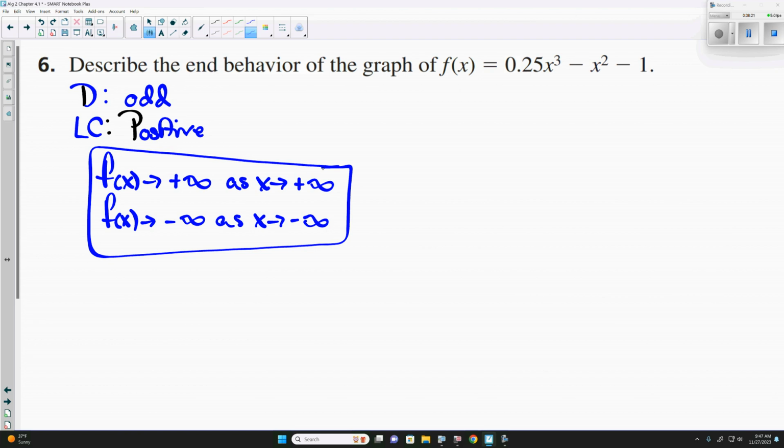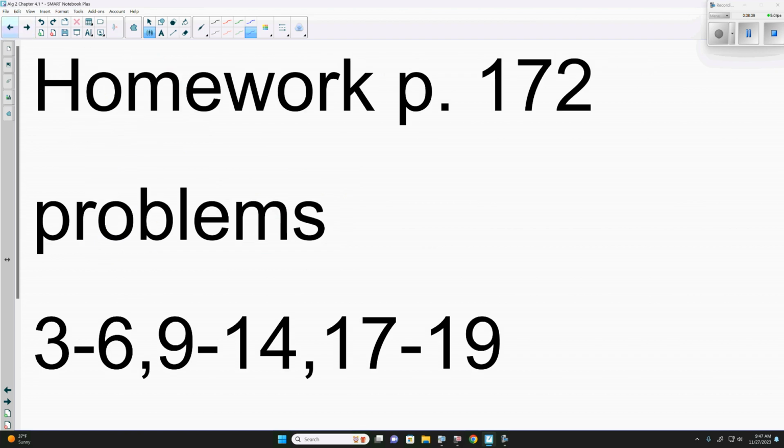That also kind of tells us which one should probably be going down, which one going up. It gives us an idea of what the graph should do, how it should behave. So when we're trying to find zeros, it'll help us determine where our additional zero should be. Questions on this here? That is it.